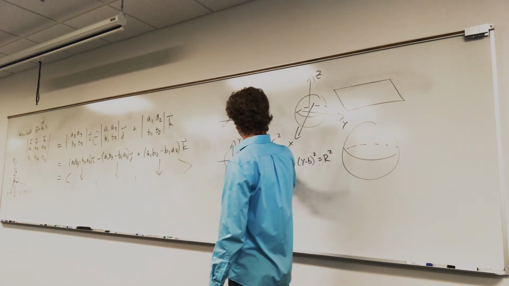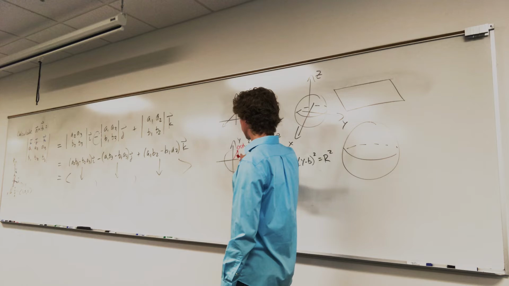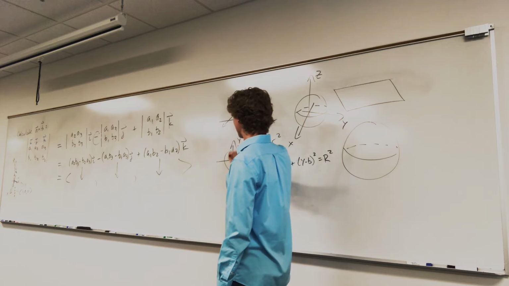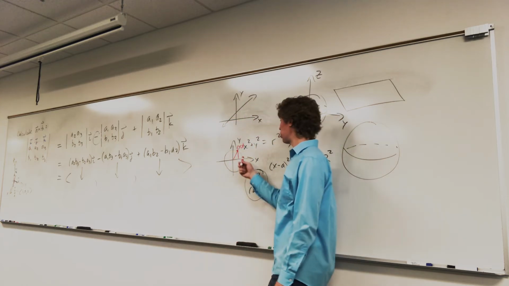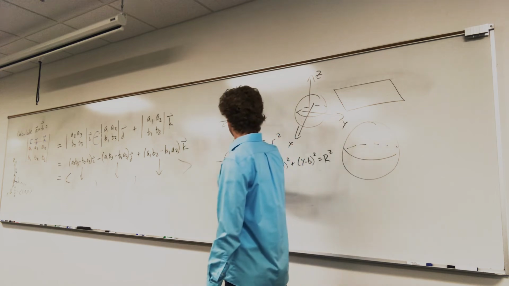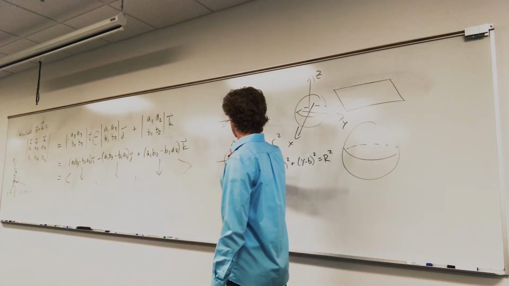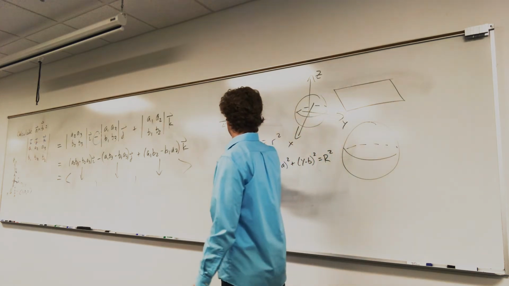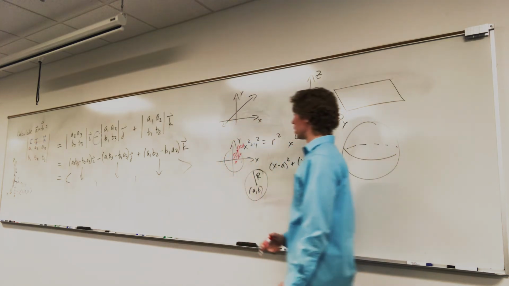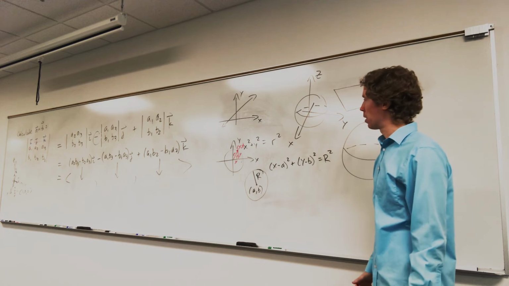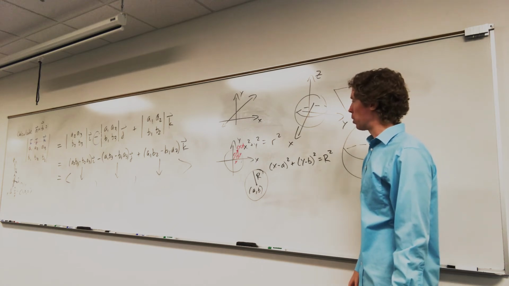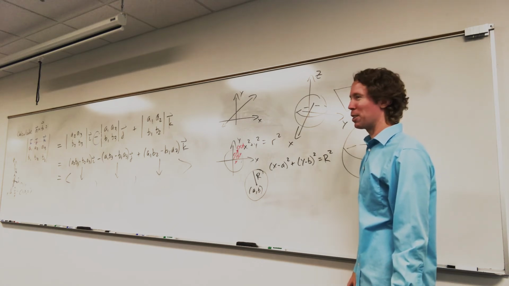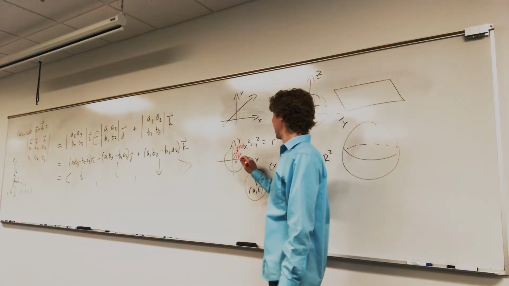The only points that can satisfy that all look like this. You make a right triangle like this. This is the x value, this is the y value, this is r. So yes, that is exactly why this works. It is from the Pythagorean theorem. We don't have to ask why the Pythagorean theorem is true right now.